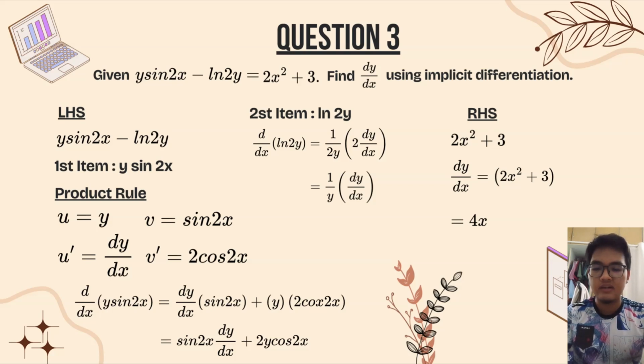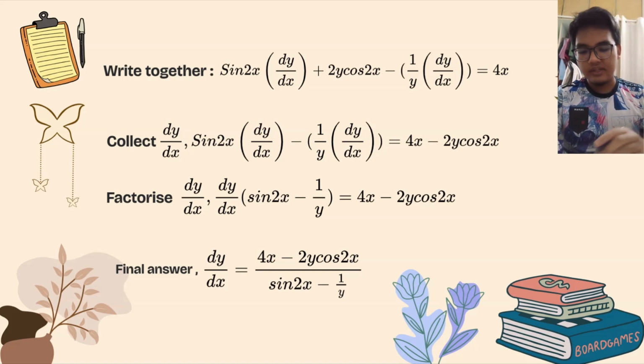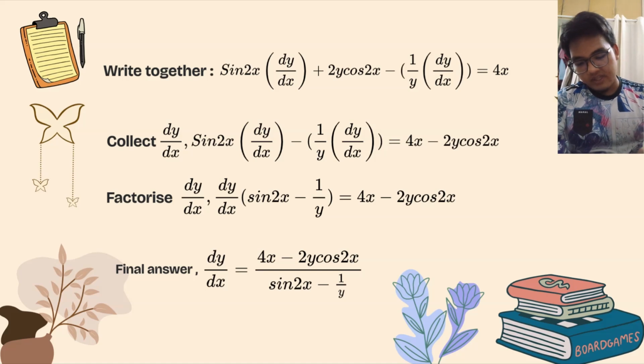For the 3, we got the x have no power, so equal to 0. So what can we say? We need to write it all together. So from the equation earlier above, sin 2y dy/dx plus 2y cos 2x minus (1 over y) dy/dx equal to 4.